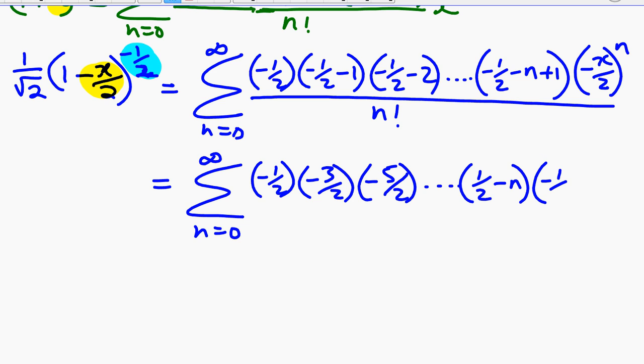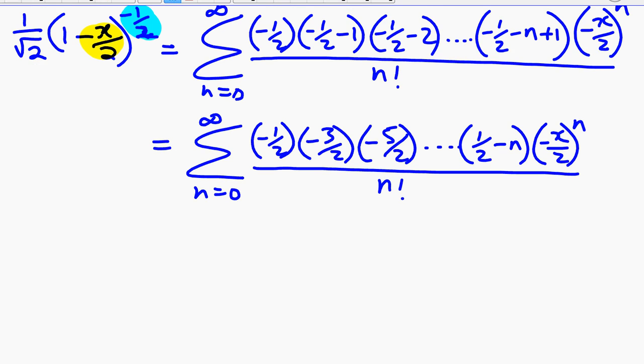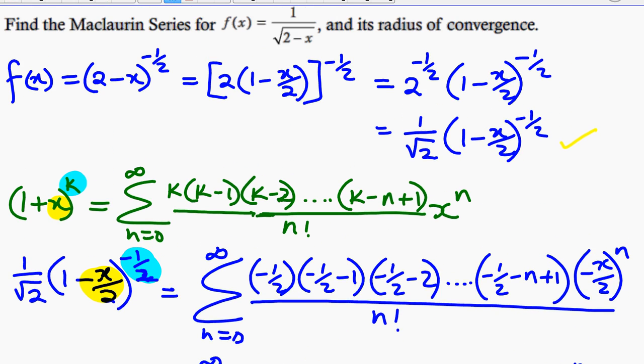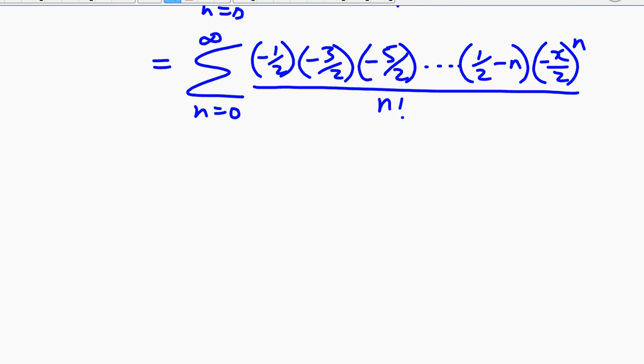And then whatever I had next, negative x over 2 to the power n, all this over n factorial. I can leave it like that. I don't even have to go further than that. So basically, that is a series representing that function, and you can expand it to whatever term you've been asked to.